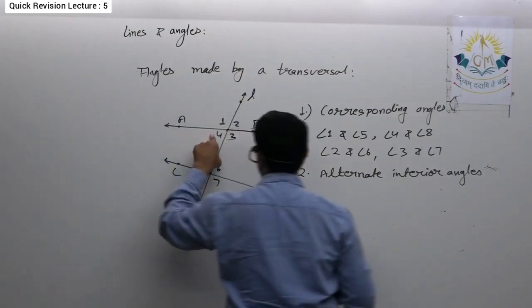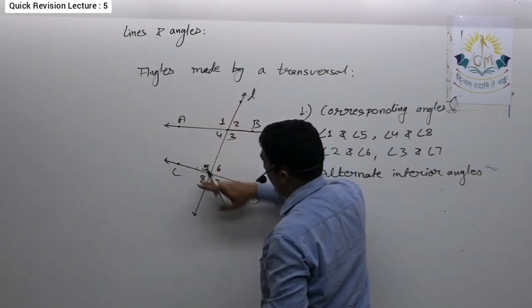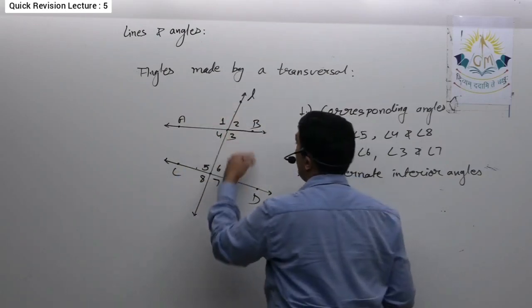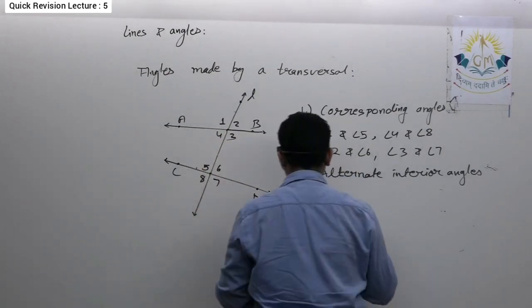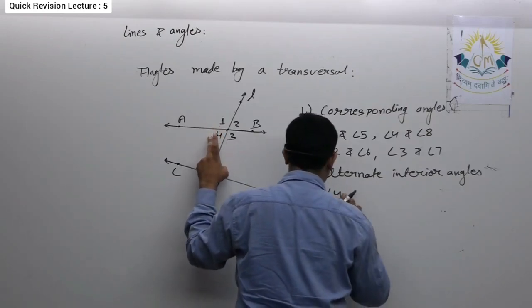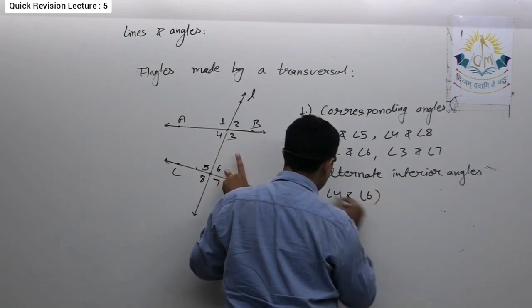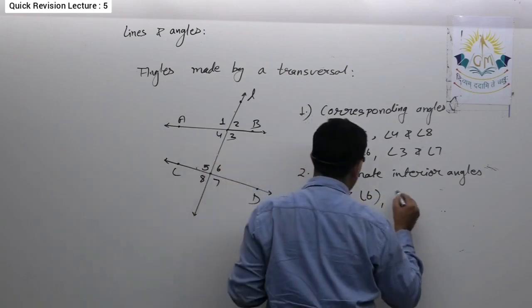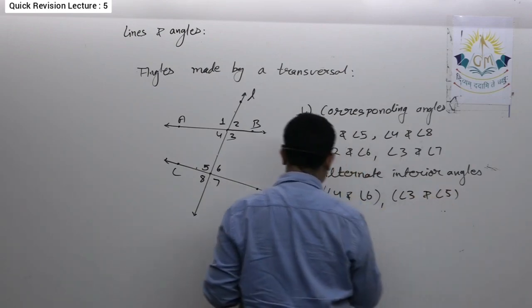As I'm saying interior angles, that means 1, 2, 7, 8 won't be there. Only angles involved are 4, 3, 5, 6. So if I take angle 4, then its alternate is angle 6, and angle 3 and angle 5.